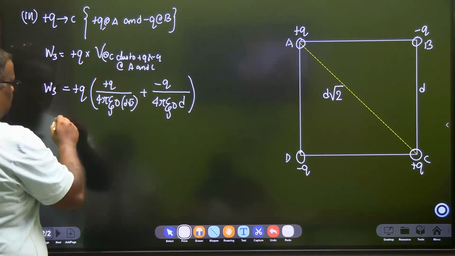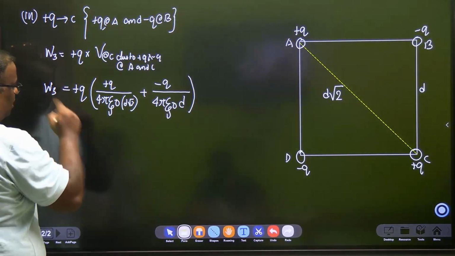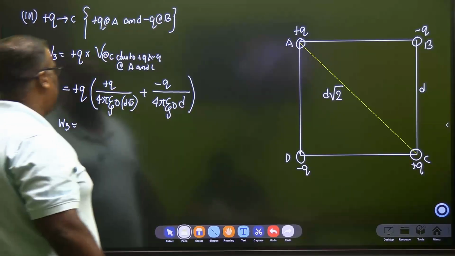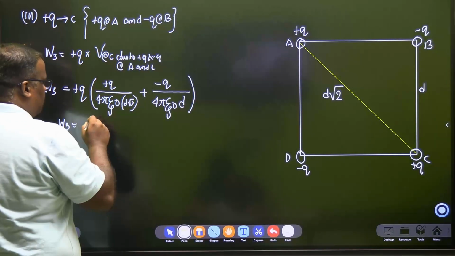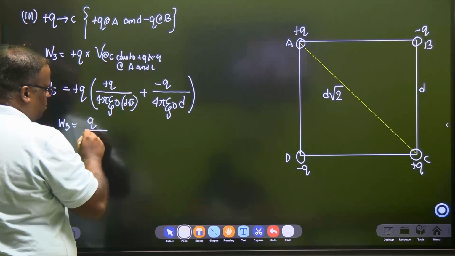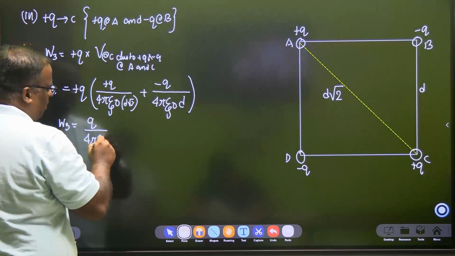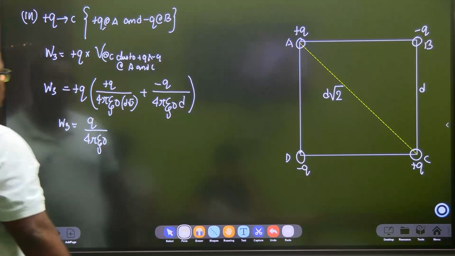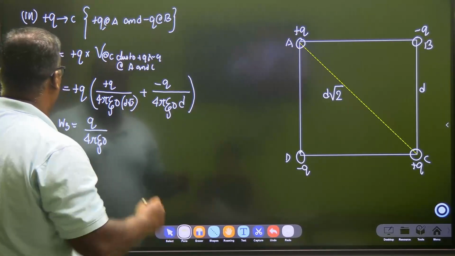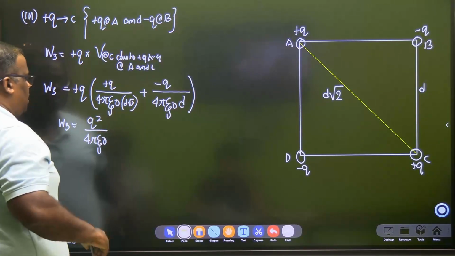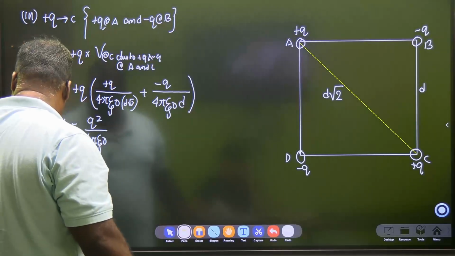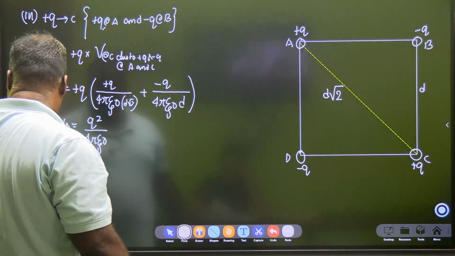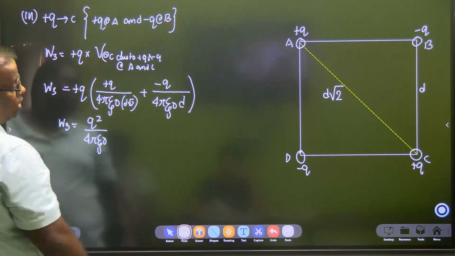So W3 can be further simplified. If I simplify W3, let's take Q common, which means Q square, and let's also pull out 4 pi epsilon naught. What type of charge did you bring here?